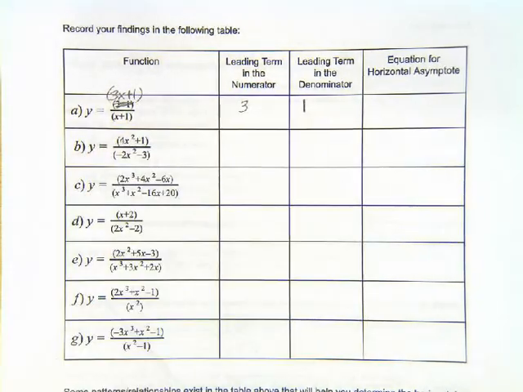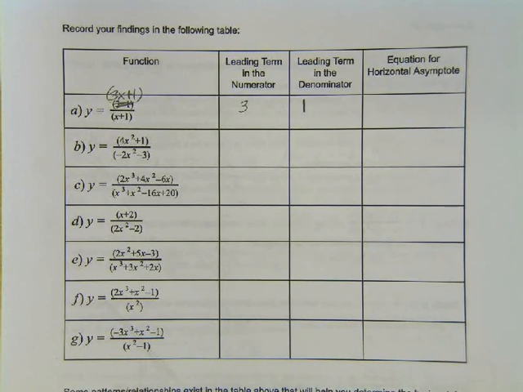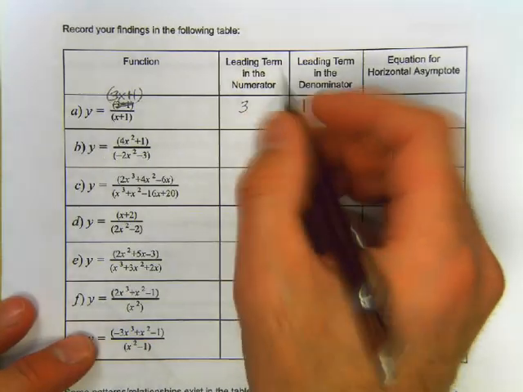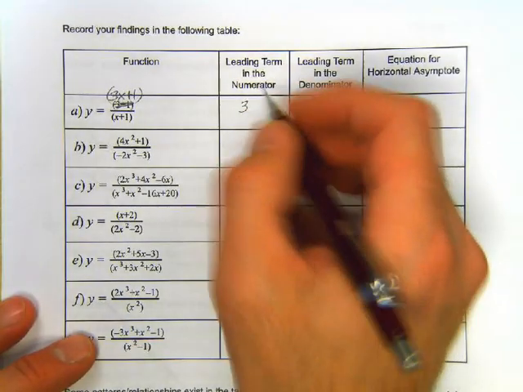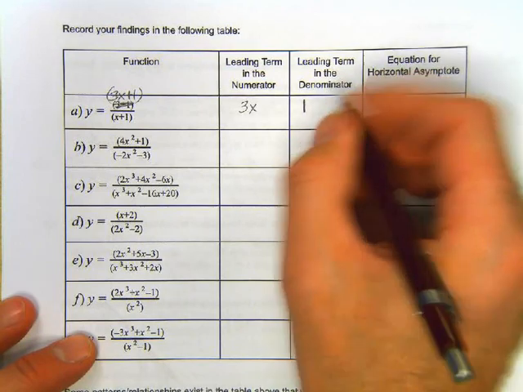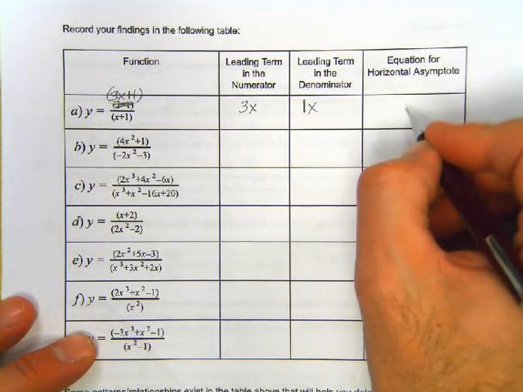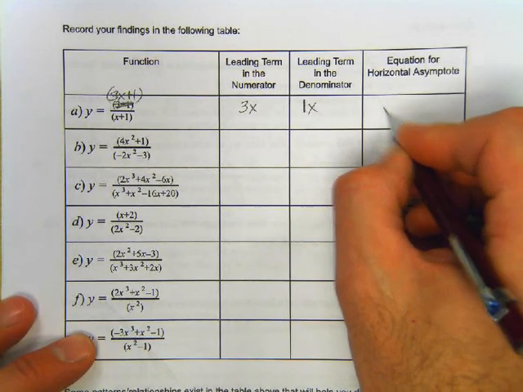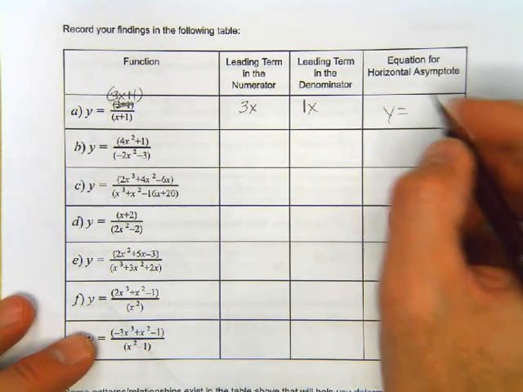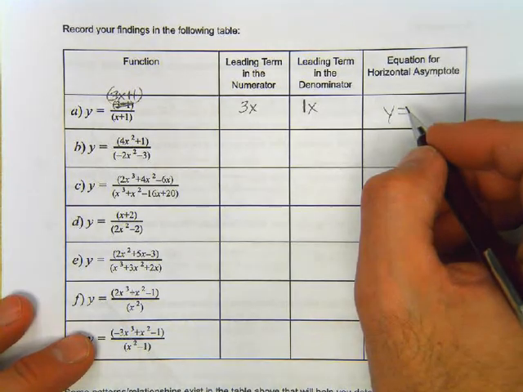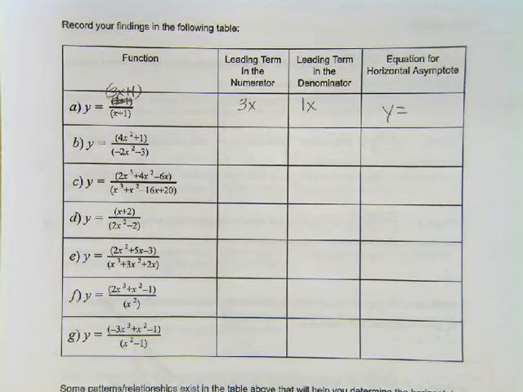So, really, the leading term is 3x, and the leading term in the denominator is 1x. And the equation for the asymptote, if you look back, do you remember what it was? Flip back and take a look at it. This is the very first one that we did.